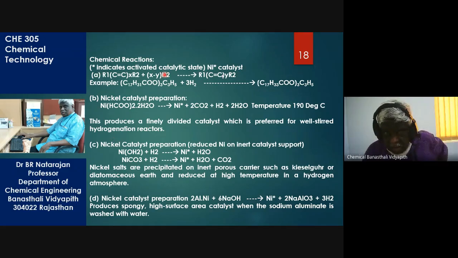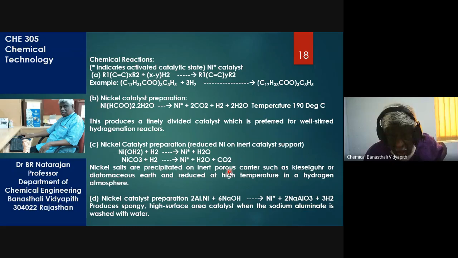So this is the main reaction. To do this, we may use nickel by this method or by this method C, nickel hydroxide plus hydrogen forms nickel and water. Similarly, nickel carbonate with hydrogen forms activated nickel with hydrogen and water, carbon dioxide.